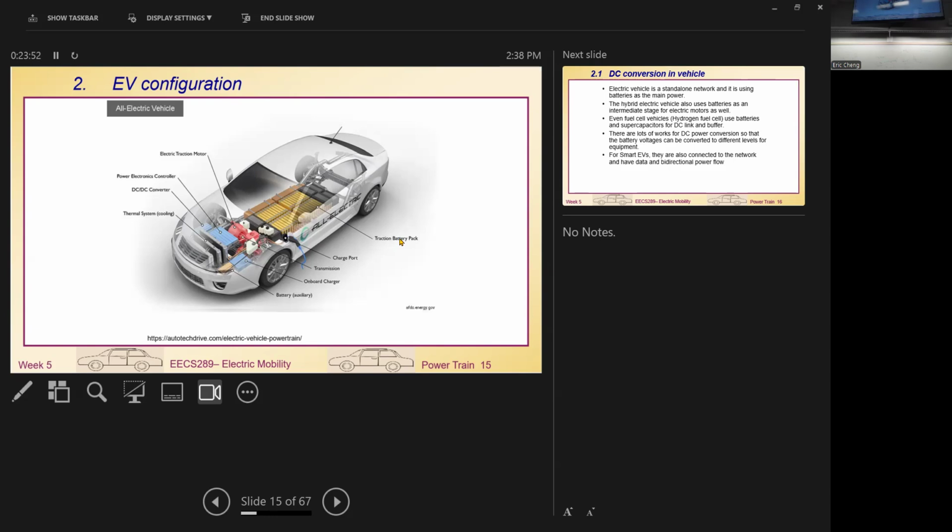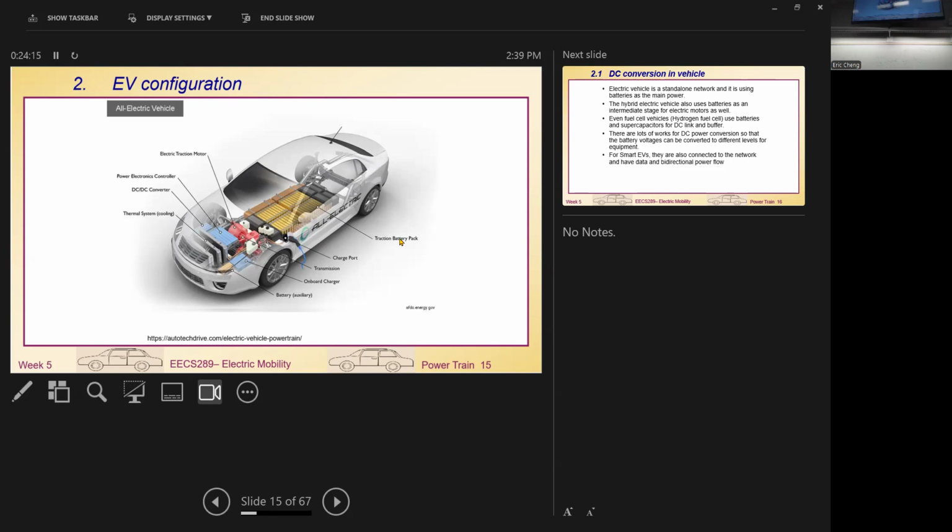And besides the huge traction battery here, we still need to have an auxiliary battery, a small battery. That will be similar to the start battery for our vehicle. We still maintain a 12-volt battery here. We don't only rely on the traction battery, so these two are separate. Although we run a charger from here, we charge this small 12-volt battery.